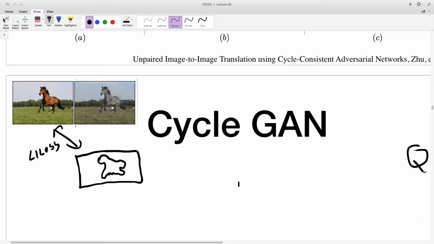So we're creating a zebra generator that knows how to encode stuff so it can go back to a horse. And we're creating a horse generator from zebras that knows how to read images created by the horse generator and construct equivalent horses. Does that help?